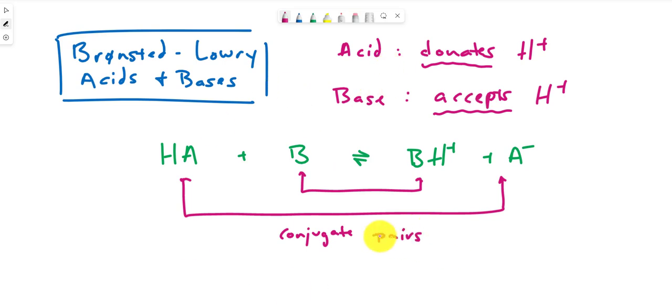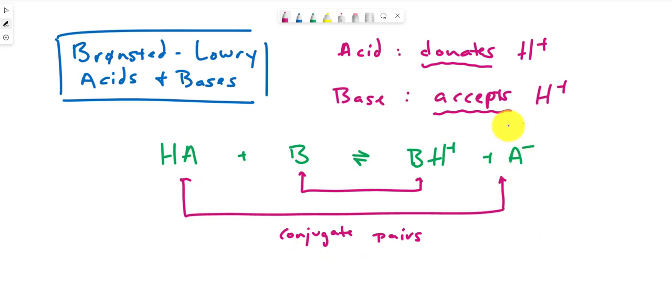What's nice about this is you can see on the reactant and the product side what has been converted into what. If we start with the acid, the HA, on the left side, we see that it loses its proton because it donates it, that's the definition, and it forms A minus. We call these conjugate pairs. So this is the acid, and over here A minus is the conjugate base.